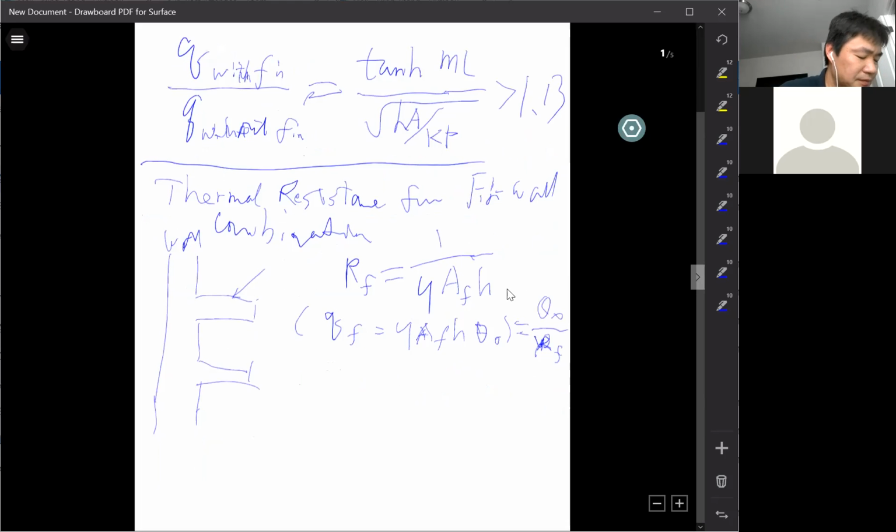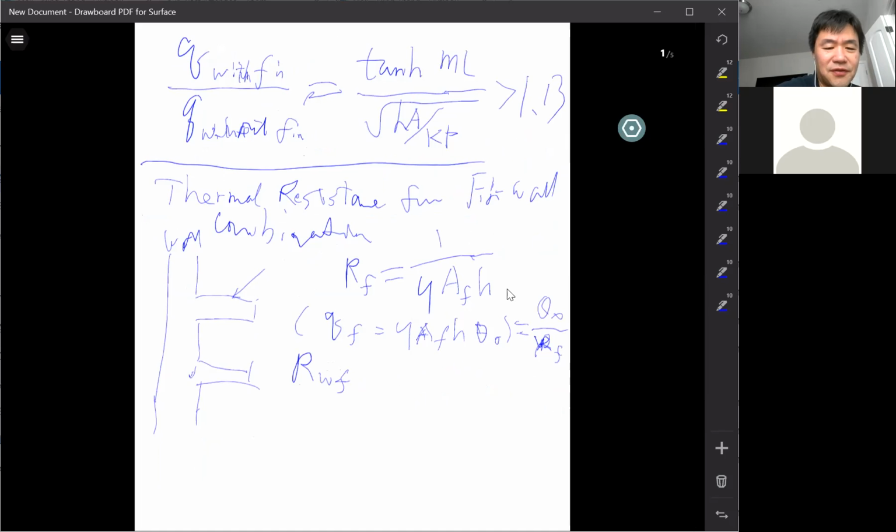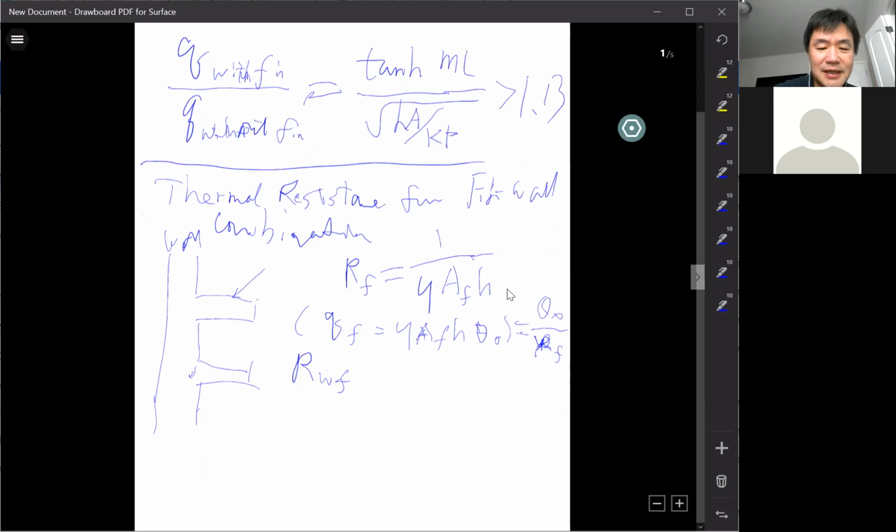What else? You have R wall F. Only at the fin region here, you have conduction heat transfer from the wall to the fin, so you have to consider that. Is that 1 over K times length?